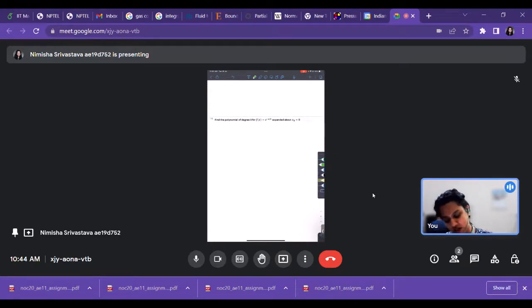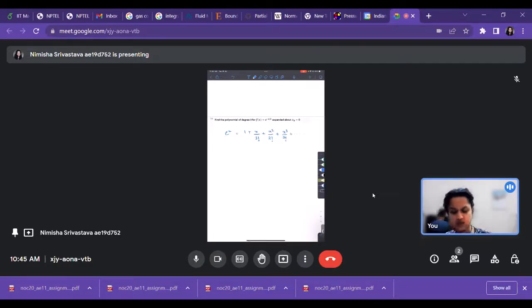Okay. Next we are asked what is the expansion of e raised to minus x by 2 as a polynomial of degree 3. So first we look at the normal expansion of e raised to the power x. It has a standard expansion that looks like 1, x, x square by 2 factorial, x cube by 3 factorial, so on and so forth.